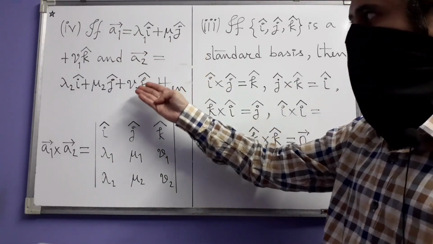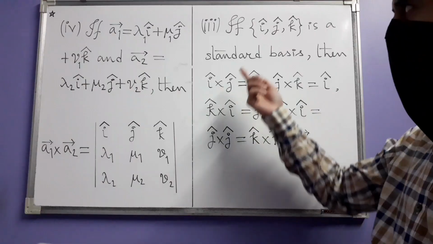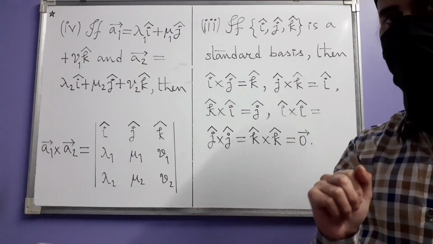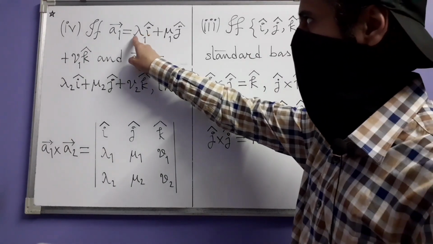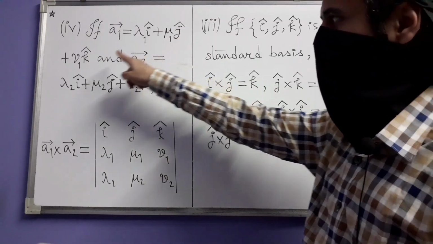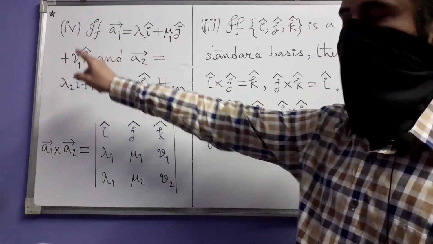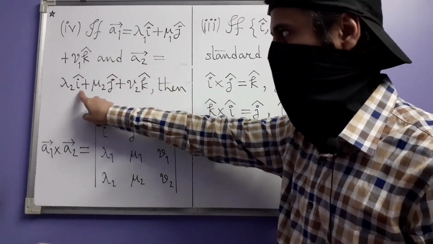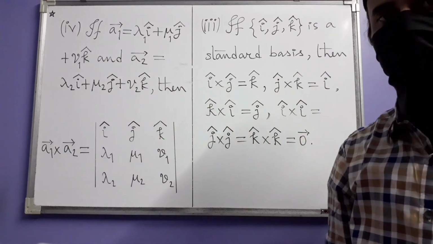Each one has been expressed as a linear combination of standard basis vectors i hat, j hat and k hat. Like this: lambda 1 i hat plus mu 1 j hat plus nu 1 k hat. That is a1. And for a2 it is lambda 2 i hat plus mu 2 j hat plus nu 2 k hat.